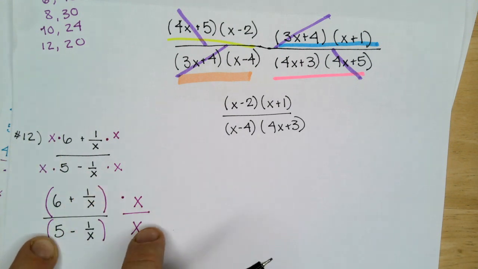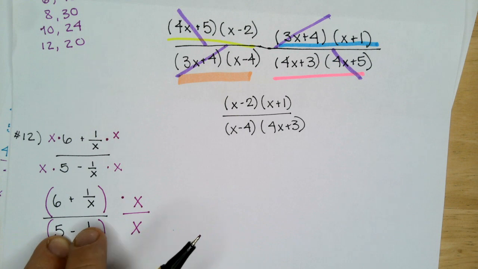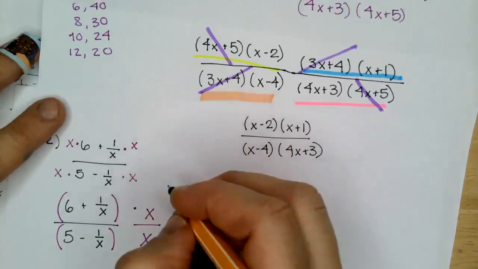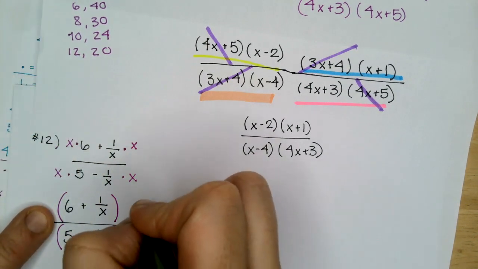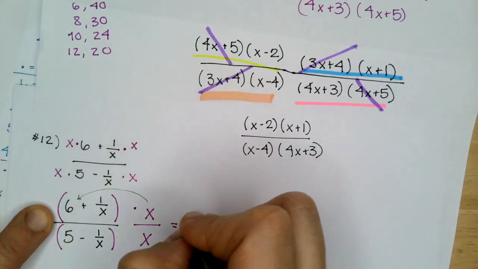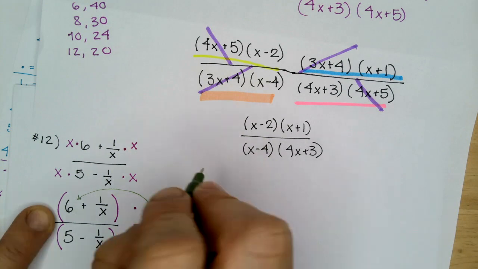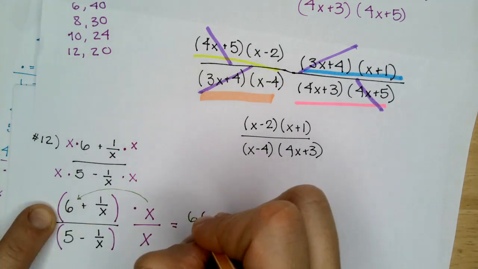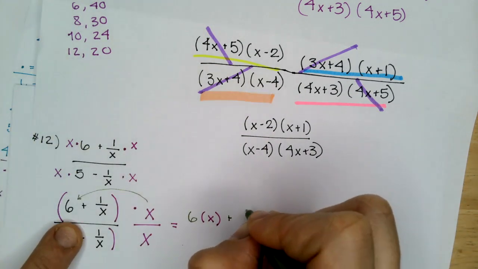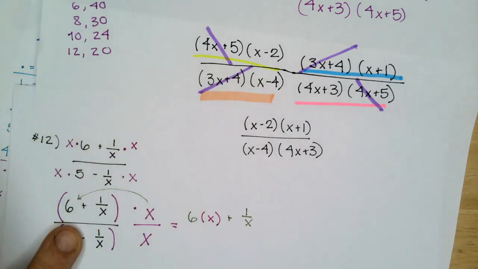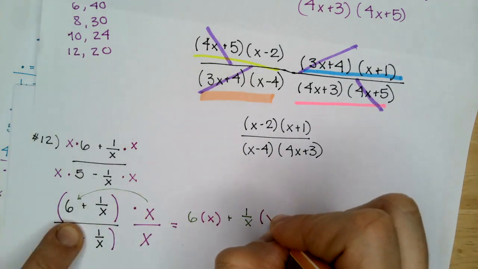On the bottom it'll be 5 times x minus 1 times x divided by x. So let's rewrite that better. I'm going to distribute that x. That 6 is now a 6 times x plus 1 over x times x.